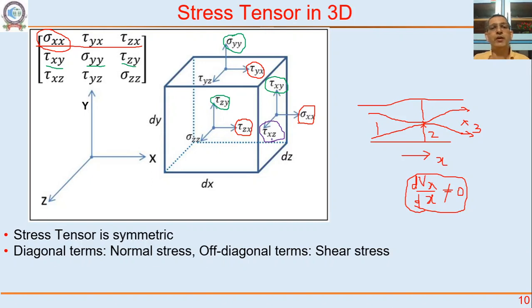It is going to be experienced on the right face and the left face. Vz varying with y, it is tau yz. It is going to be in the z direction. It is going to be experienced on the top face and the bottom face. Elongation and compression, Vz varying with z, we are going to call that sigma zz. It is going to be experienced on the front face and the back face.